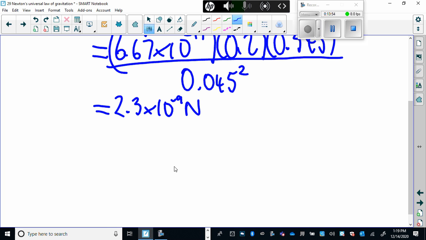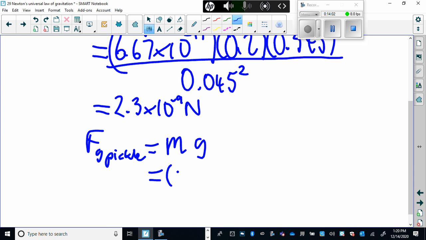If I take the pickle, the force of gravity acting on the pickle is going to be mass times gravity, which would be 0.2 times 9.81, which is essentially 2 newtons.